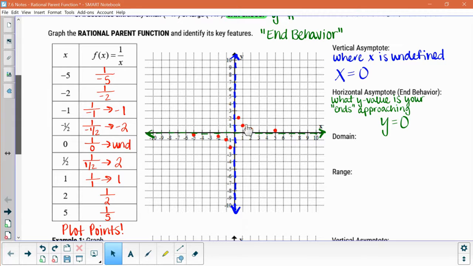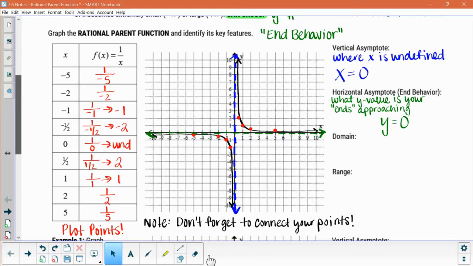If I fill in and connect my points, and that's something you do not want to forget, you want to make sure that you actually connect them because you will be surprised how often that gets forgotten. If I follow along the trend of my data points, my values get really, really close to the line y equals 0 in both directions. As the ends of my graph start to even out, they're evening out to 0. So the horizontal asymptote is y equals 0.